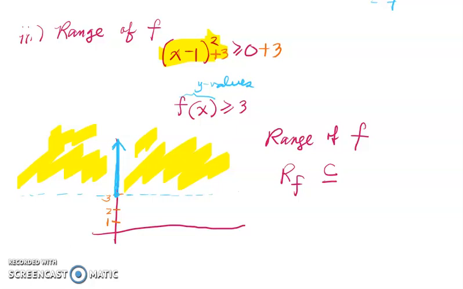Pasok siya doon sa interval na f of x is greater than or equal to 3, or y is greater than or equal to 3. So in interval notation, ito ay 3 to positive infinity. So that means that the range of f is within this interval.